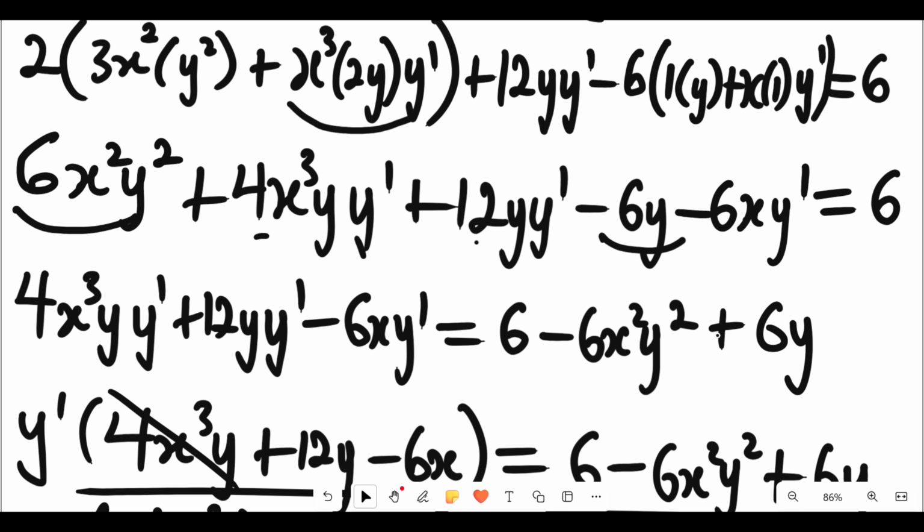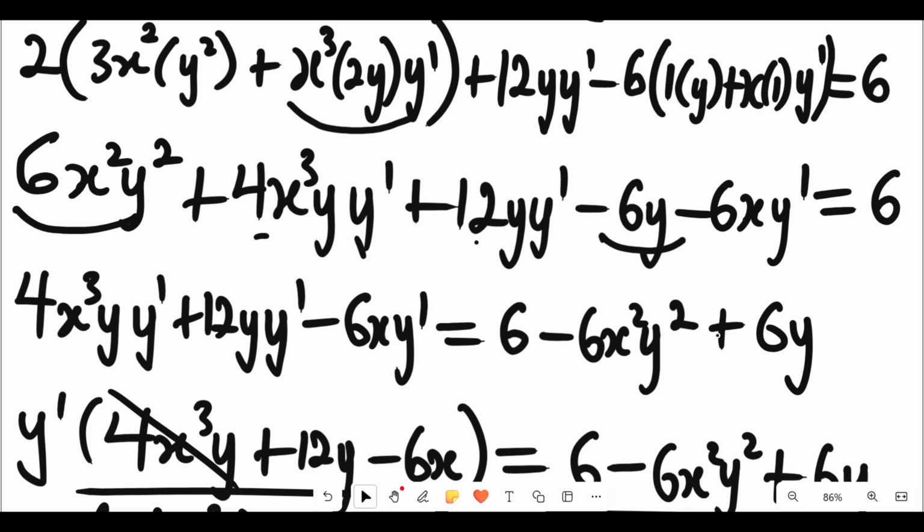Alright, good. 4x cubed y, good. Then the other one is 12y, then y prime. Then the last one is minus 6x y prime. Alright, okay.